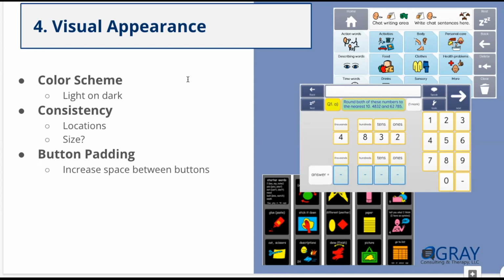And then just like the touch, we're going to talk size, consistency, location. From page to page we're not changing too much if we can help it, and things are in consistent locations. The home button is the home button on every page, or your clear button is the clear button location on every page, with very few exceptions.